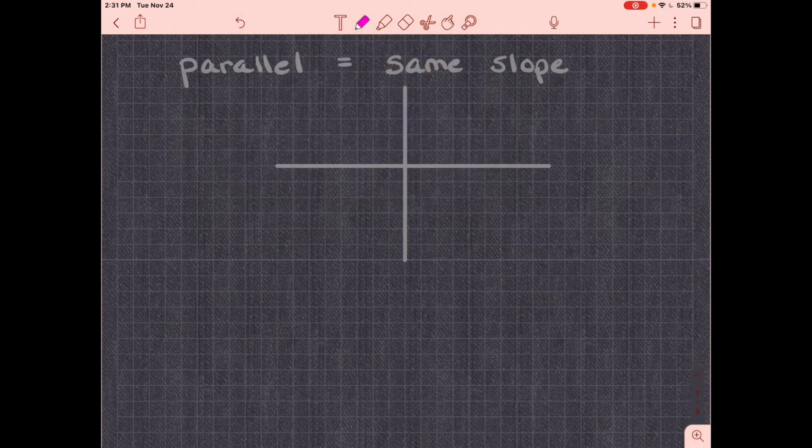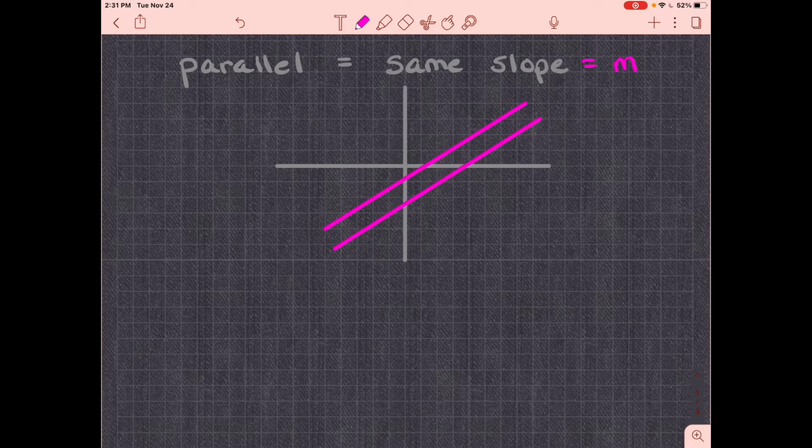Let's say I have this line, and then I have this line, and hopefully I eyeballed that pretty well, but those are parallel lines. They have the same slope.